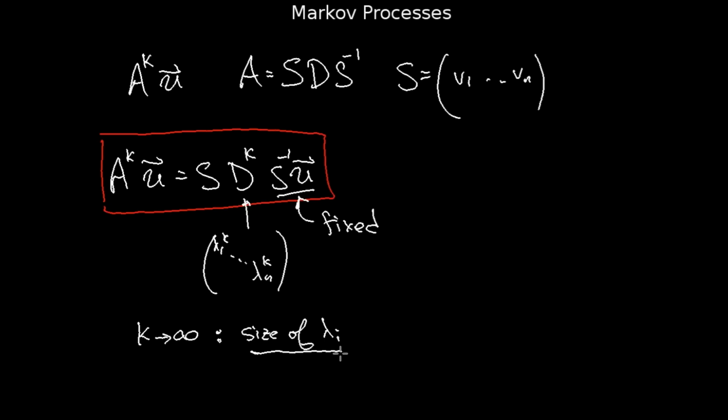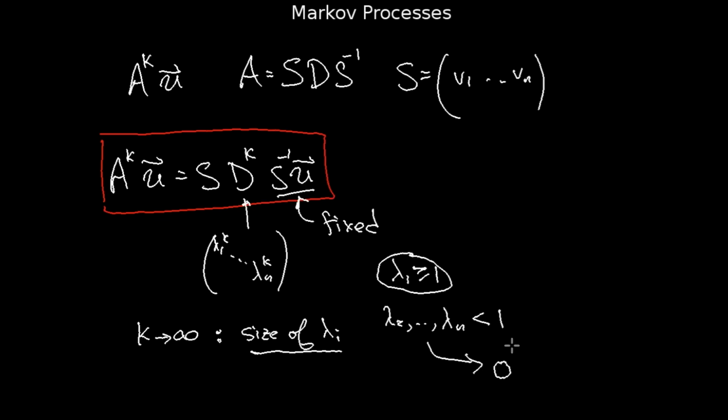And the important case in the case of Markov processes is going to be the following. Suppose that lambda_1, for the sake of discussion, was greater than or equal to 1, and suppose that all of the others were strictly less than 1. Well, then what happens is this term dominates, and all of these powers go to 0.